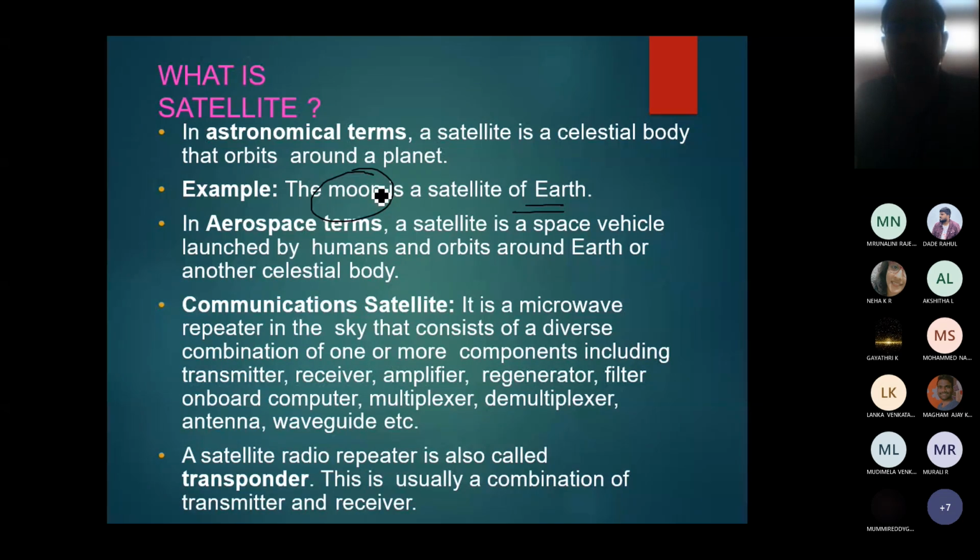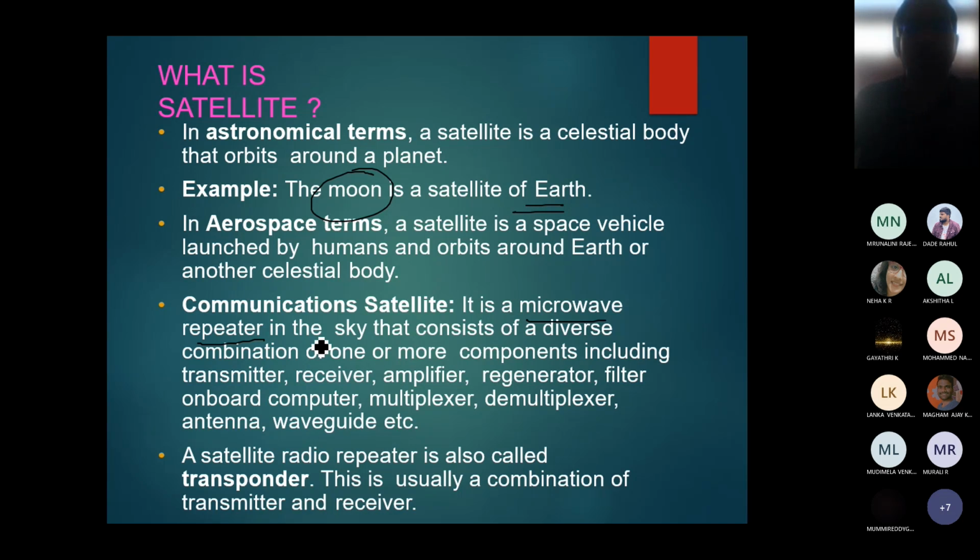But a communication satellite is a microwave repeater. Why is it called a repeater? Because a repeater is nothing but a transmitter and receiver. It receives the signal, processes the signal, and further transmits the signal.